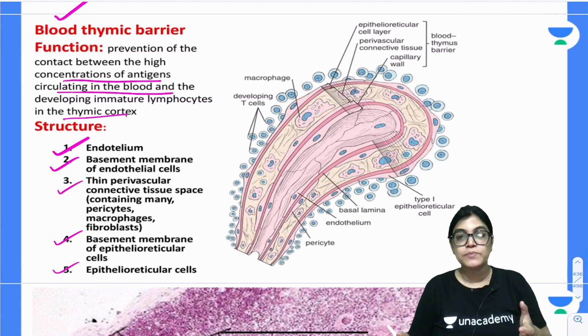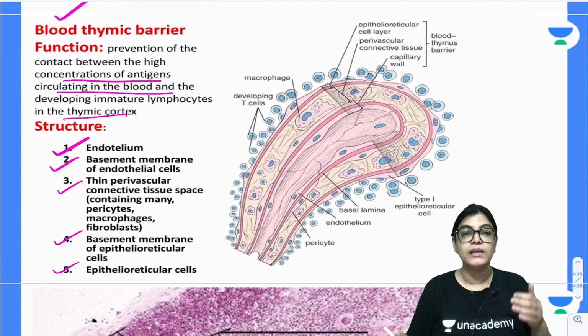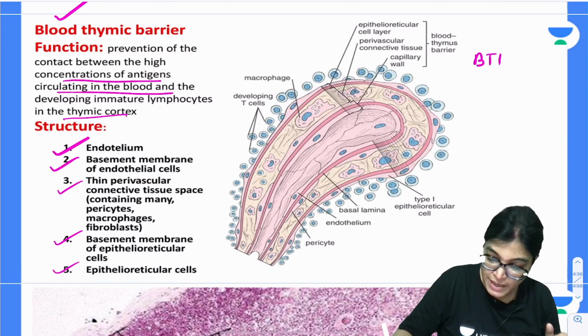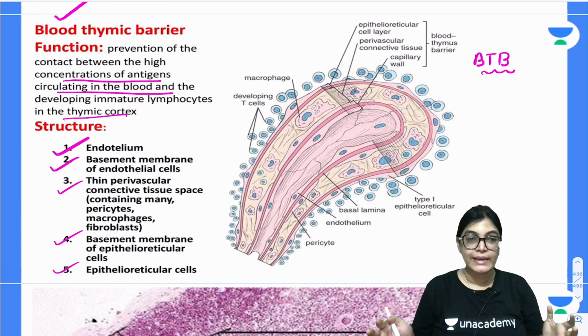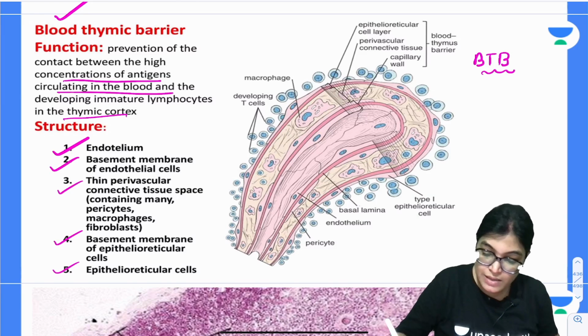So my dear aspirants, it's clear that these are the 5 structures forming the layers of the blood thymic barrier, BTB in short. The most important component of the blood thymic barrier is the epithelio-reticular cells.